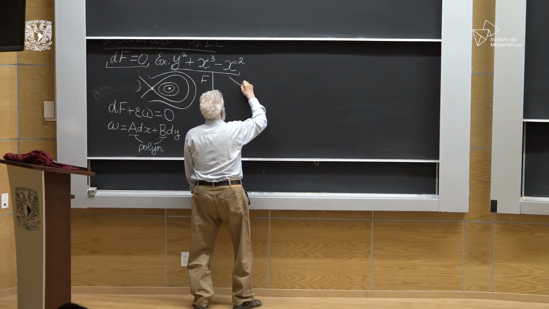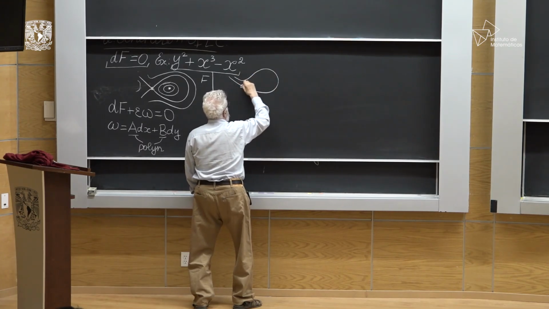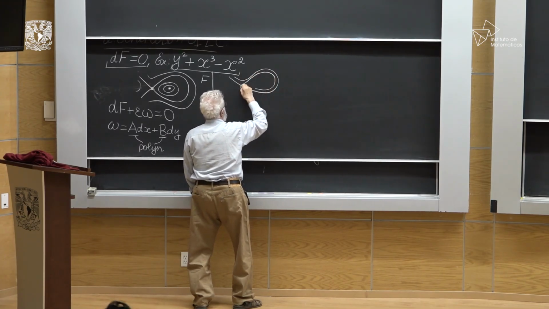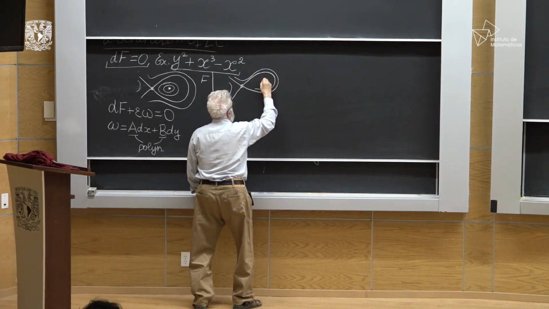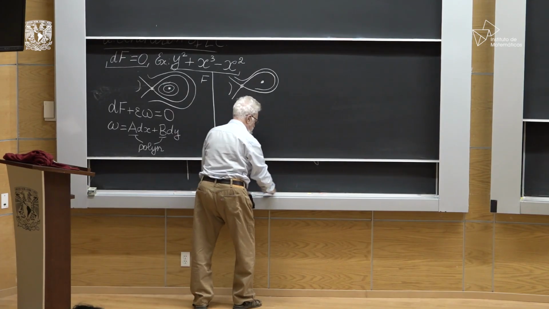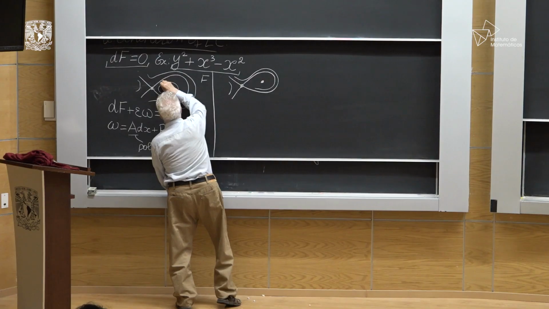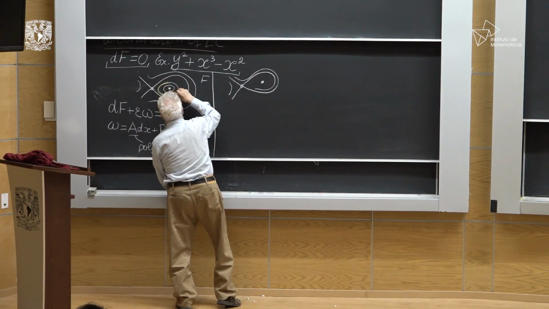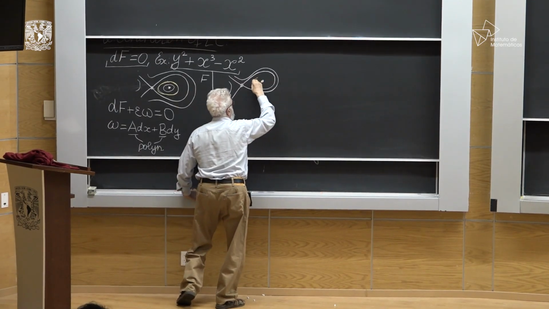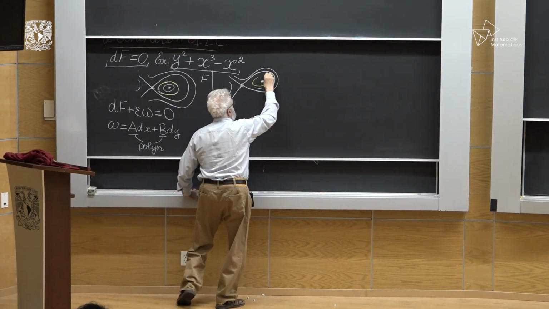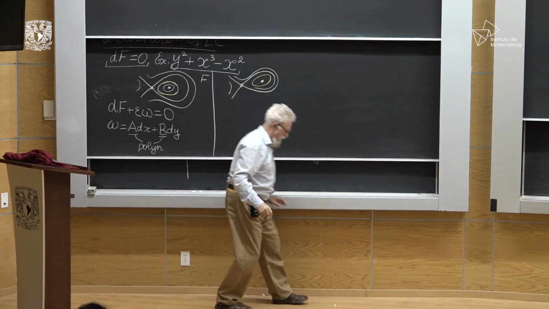When you perturb this picture, you may have, this is not necessarily exactly this picture, but you may have this picture and all the ovals will break and only one, not necessarily only one, but in my example, one will be preserved.